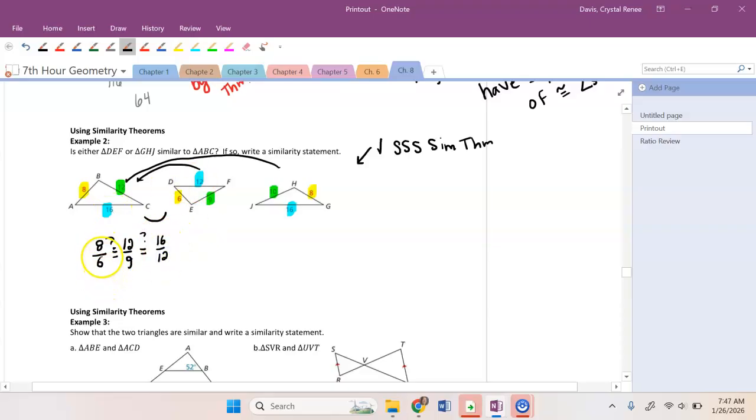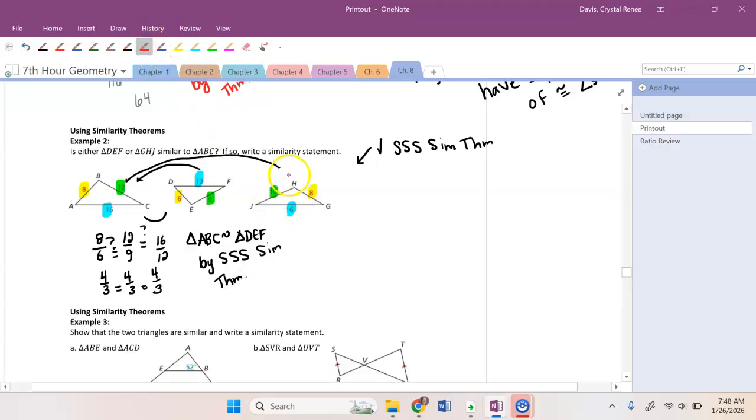Okay, if I reduce all these, that's 4/3. That's 4/3. 16 over 12 is also 4/3. So, yes, these two triangles are similar by side, side, side. So, triangle ABC is similar to triangle DEF by the side, side, side similarity theorem.